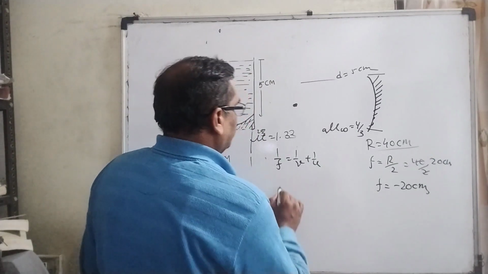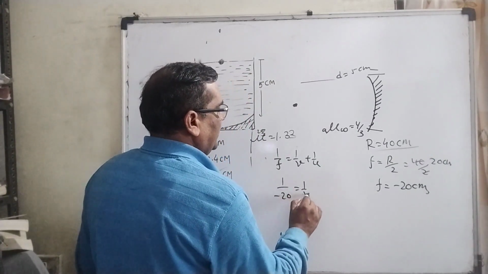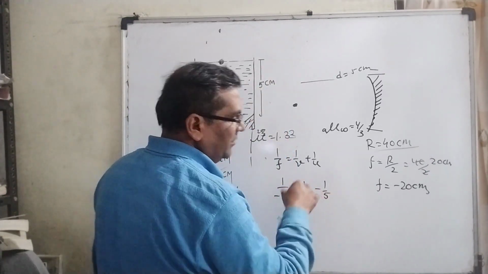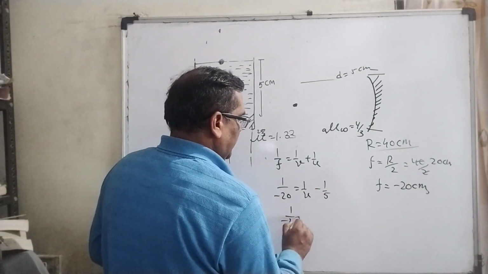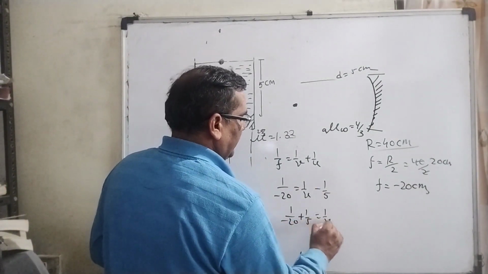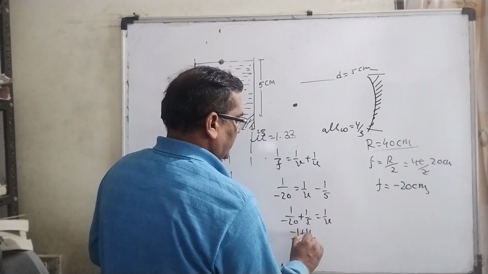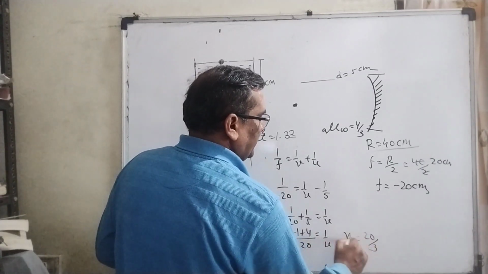Now substitute the values in the given formula: minus 1 by 20 equal to 1 by v, and what is u? u is 5, then by using the sign convention it becomes minus 5. Transposing the numbers, minus 1 by 20 plus 1 by 5 equal to 1 by v. Taking the LCM, 5 fours are 20, then v becomes 20 by 3. It is positive.